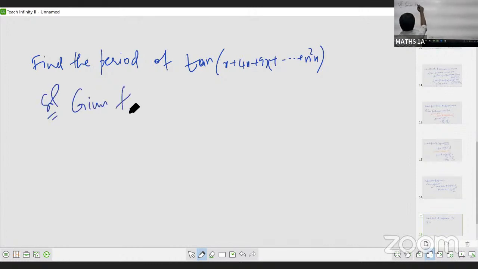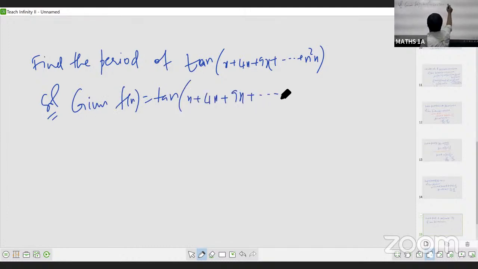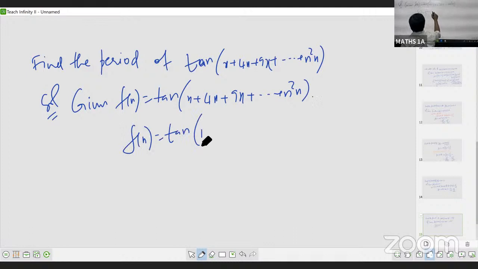Given f of x is tan of x plus 4x plus 9x plus dot dot n square x. Here f of x is tan of 1 plus 4 plus 9 plus dot dot n square, taking x common.